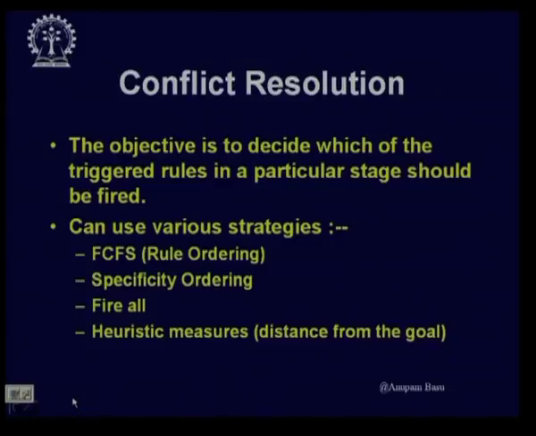When we have got a number of rules, then the rules are ordered in some way. Some rules are written first and some rules are written later. Now, the conflict resolution strategy, if it is first come first served based, then it will select just the rule out of the triggered rules that appears first.